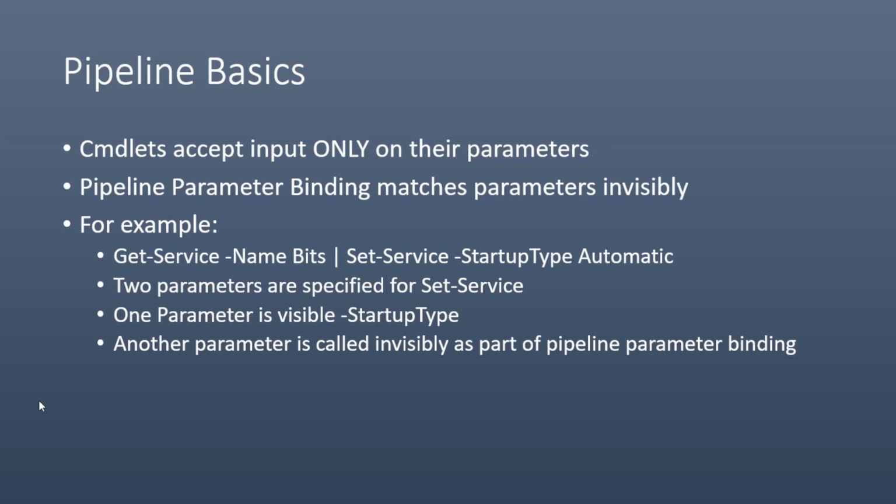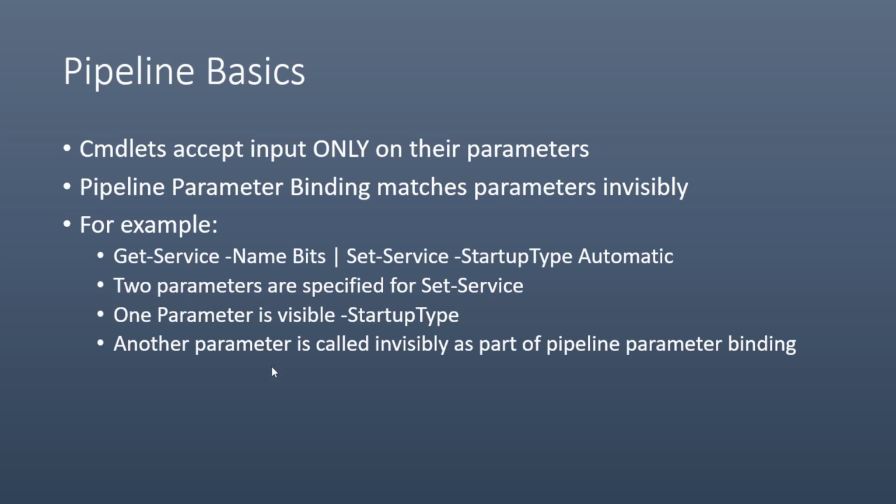So if we have some type of commandlet that's putting data into a pipeline, and then we're piping it to another commandlet, that commandlet accepts the data from the pipeline on one of its parameters. Now PowerShell matches this up invisibly in the background. So that's what we refer to as pipeline parameter binding. It does this matching up invisibly. So based on the object that's in the pipeline, what is the parameter that would be accepting that data?